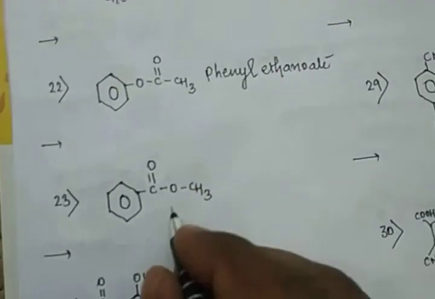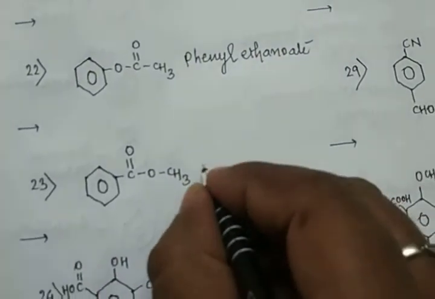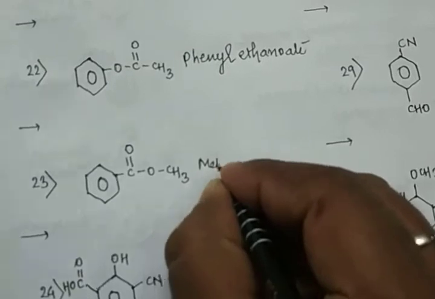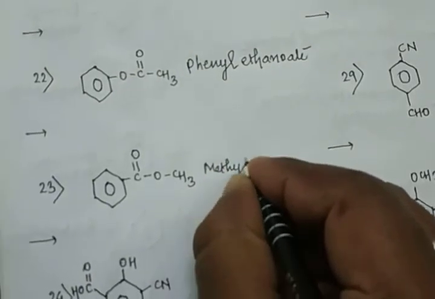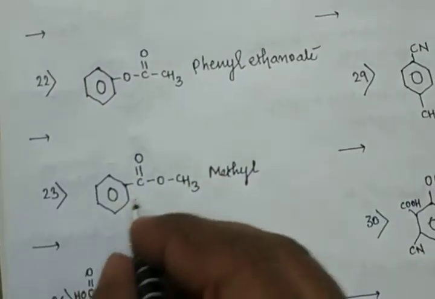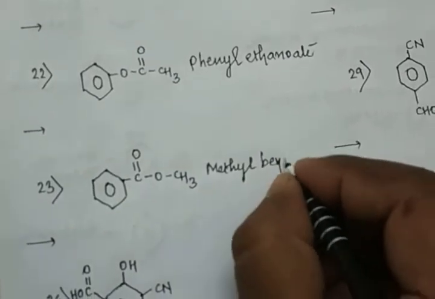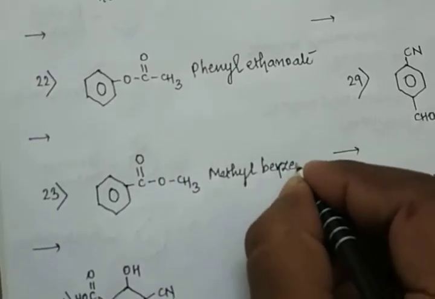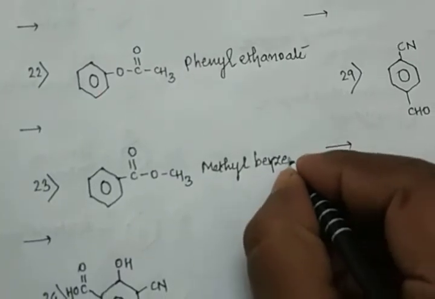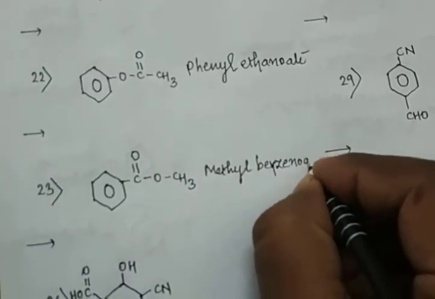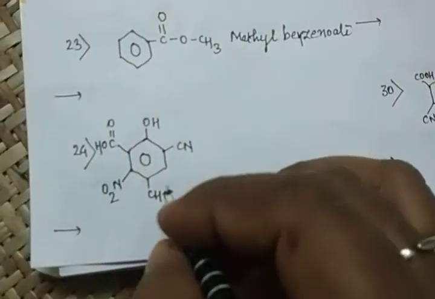And this oxygen attached with this CH3, it means methyl, and ring attached with this is benzoate. Clear?